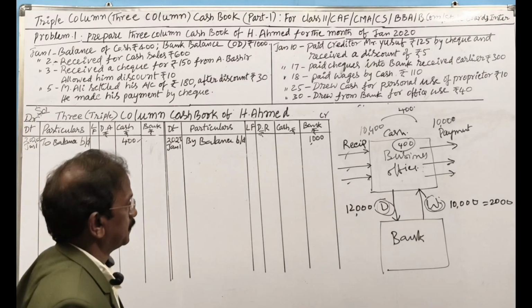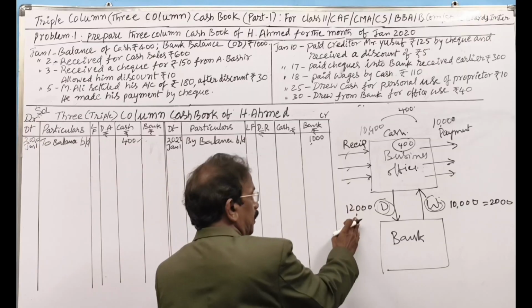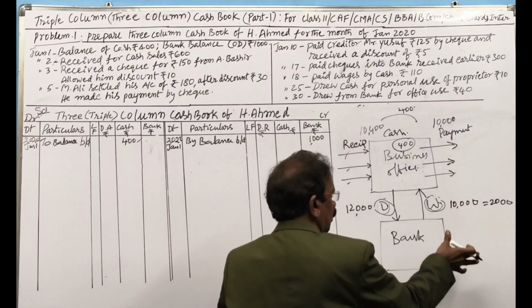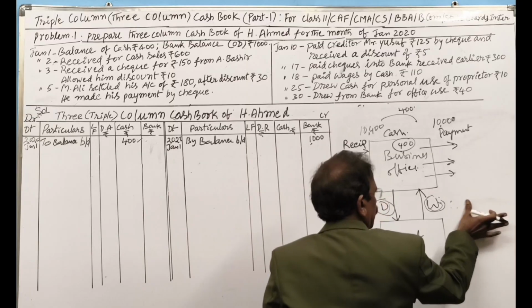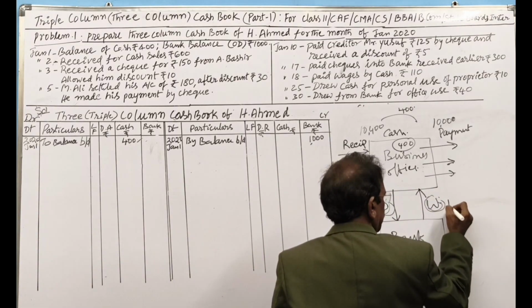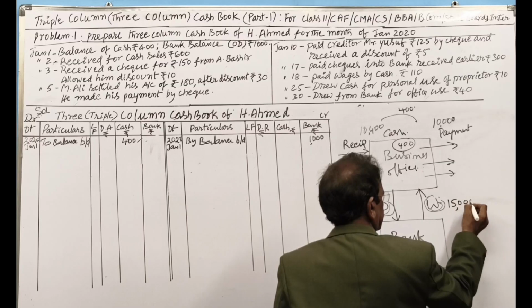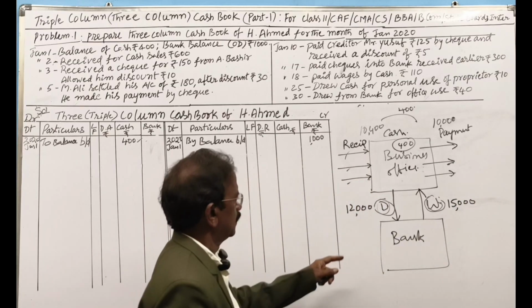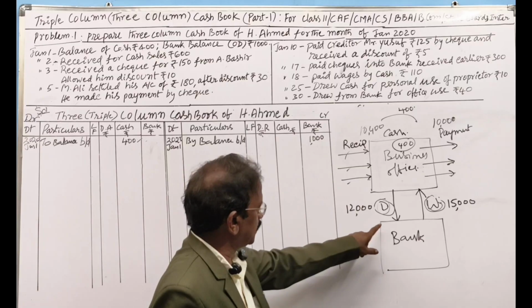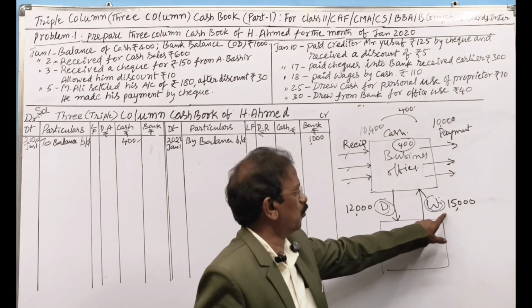But sometimes our deposits are less, withdrawals are more. For example, our deposits are 12,000, our withdrawals are 15,000 last month. So here what happened? We deposited less, we withdrew more amount.